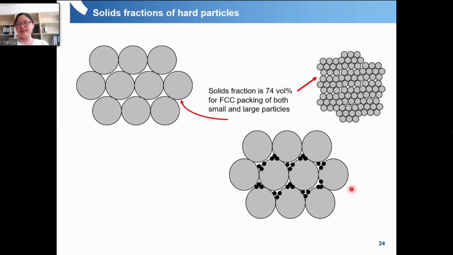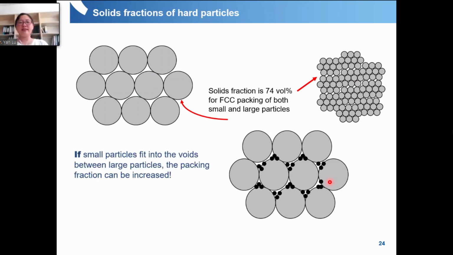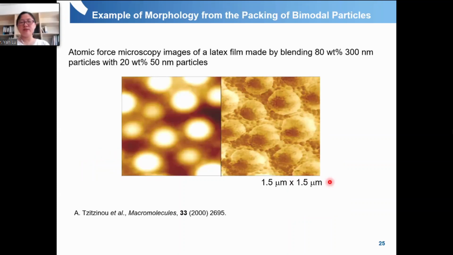Then you can reach a binary particle system. In that case, you can increase the packing fraction, so a higher volume fraction for the dense packing of the particles. And some groups have tried this.